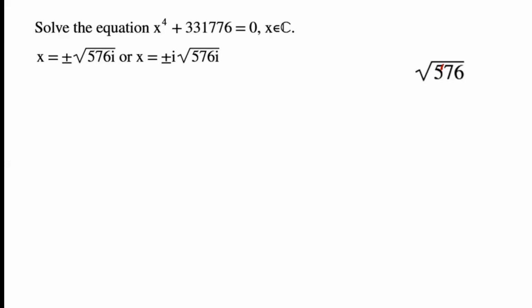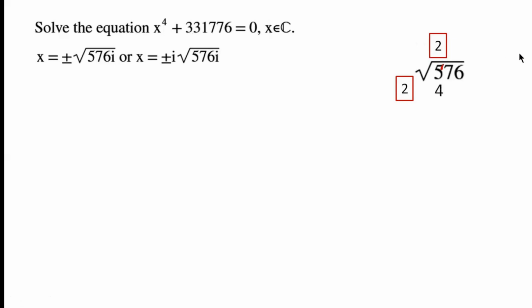So one pair is 76. Next, we find the largest number such that the square of this number is less than or equal to 5. We find that the number is 2 in this case, and we write 2 here and 2 here.